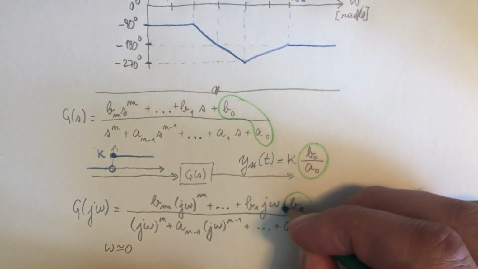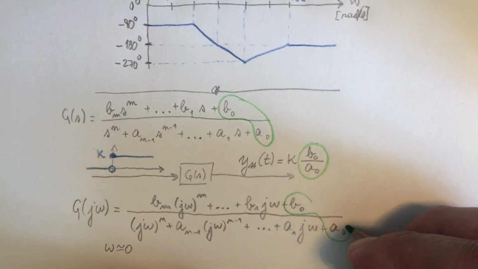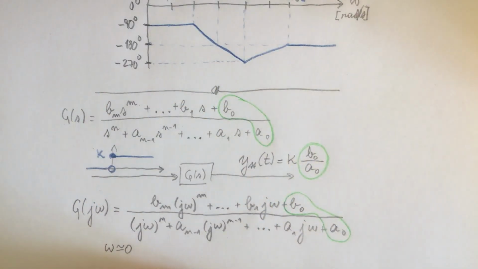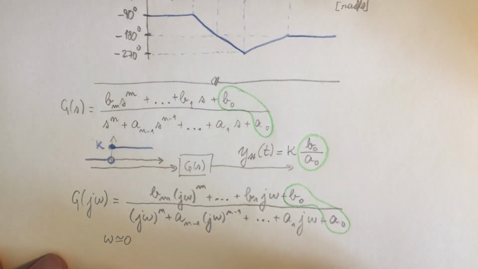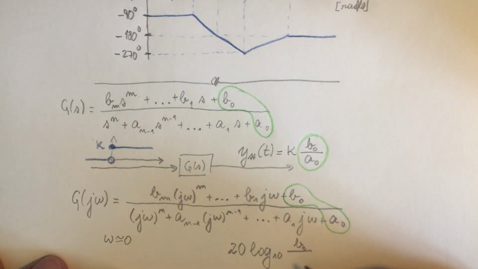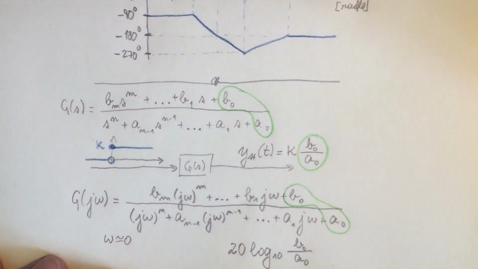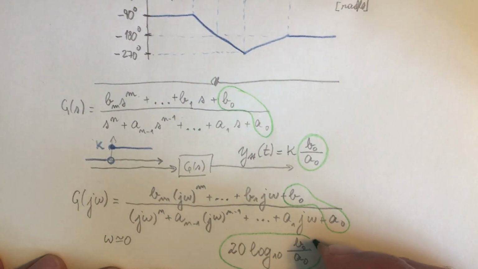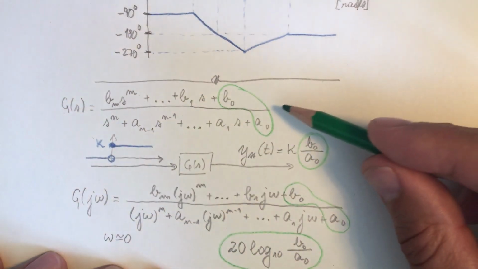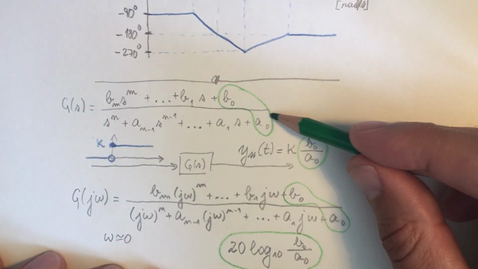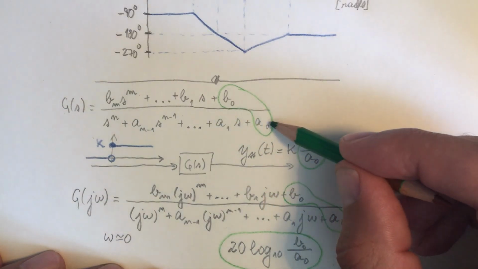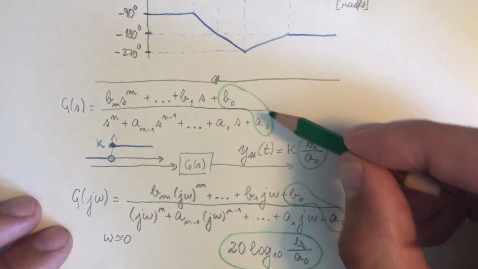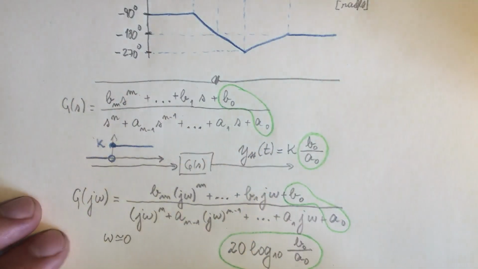So we will end up again with b0 divided by a0. What we will see at low frequencies in the Bode diagram is a gain of 20 times the logarithm of base 10 of b0 divided by a0. It is this low frequency gain in the Bode diagram that corresponds to the gain of the plant, which is, remember, the steady state value of the unit step response of the transfer function.